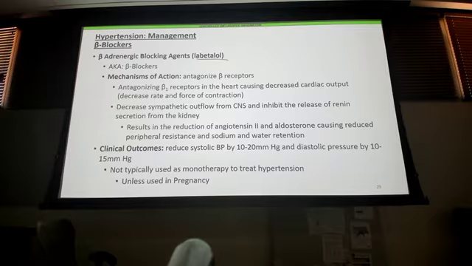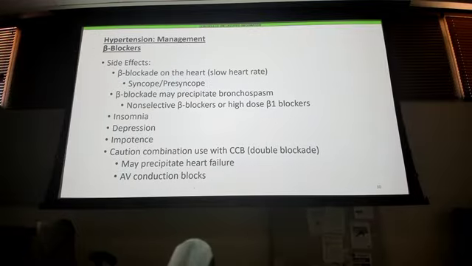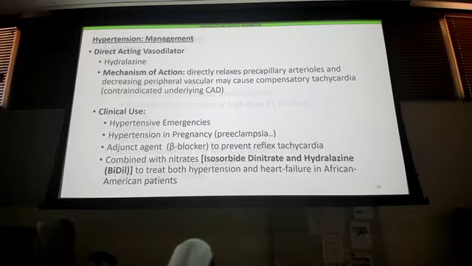But the one caveat is we do use labetalol in hypertensive emergency as well as hypertension in pregnancy. And we just got to be careful of the side effects that come along with beta blockers. So we can slow the heart rate down too low. It can cause some sleeping problems. It can even cause depression and sexual dysfunction as well.